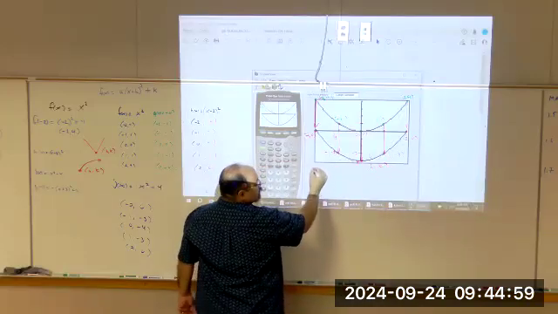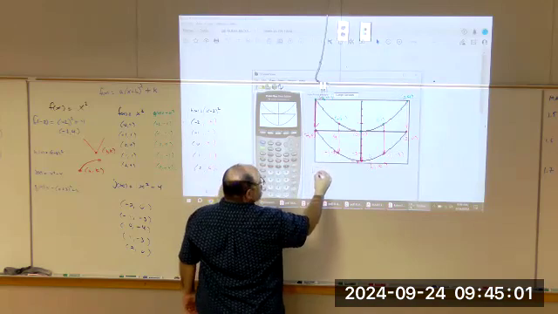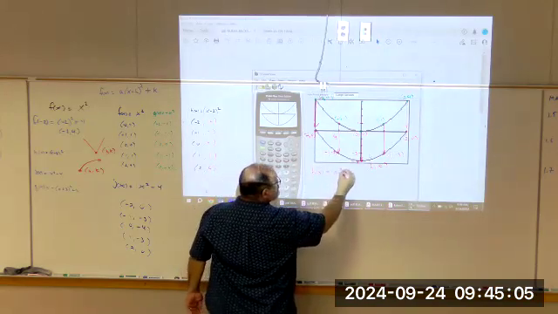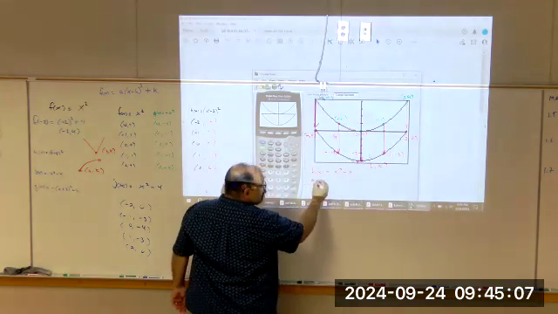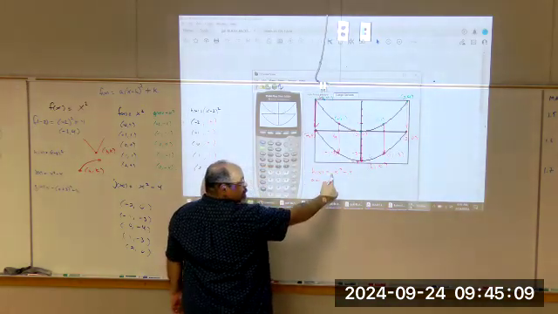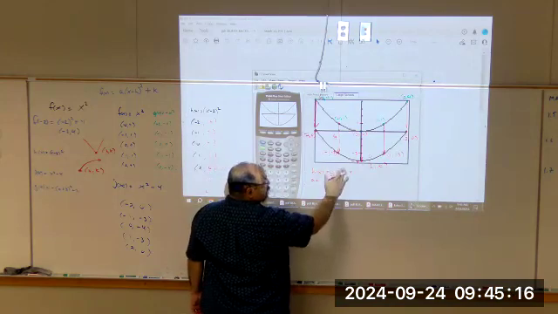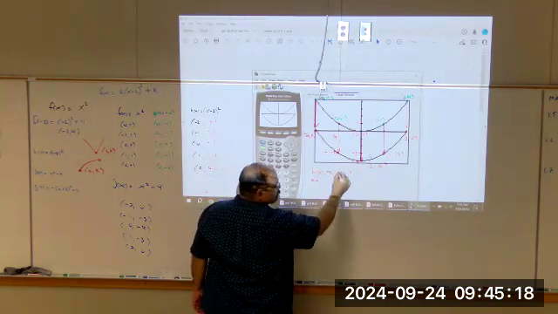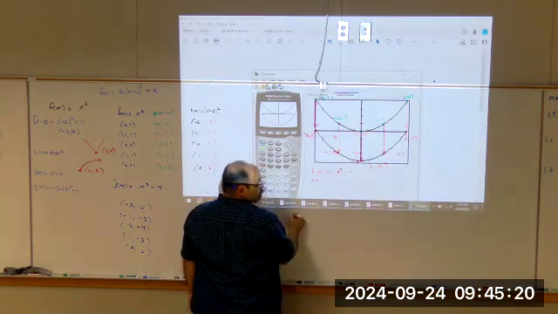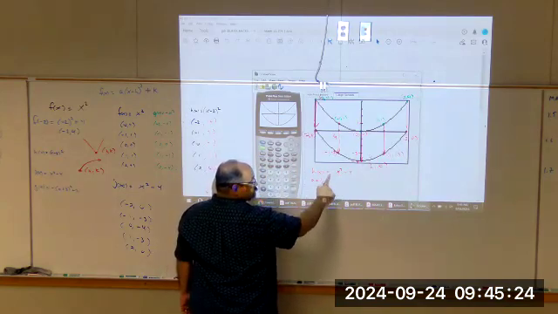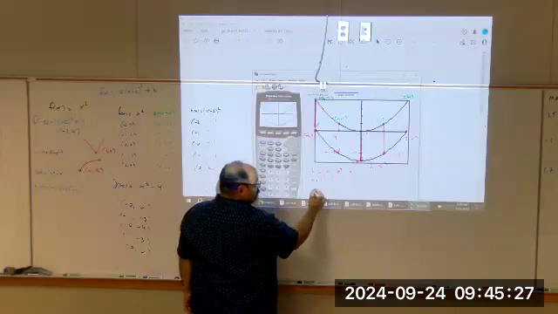This equation was h of x equals x squared minus 4. What's the A in front of this x squared? Well, if it was 0, then we wouldn't have any x squared. It's a one. Is one positive or negative? So we know it's going to go up.